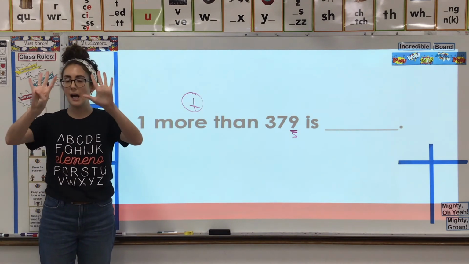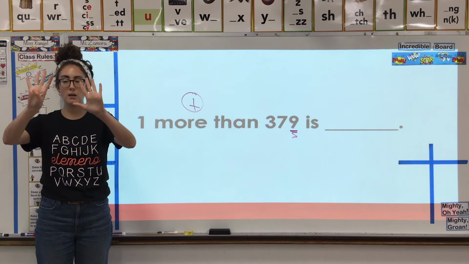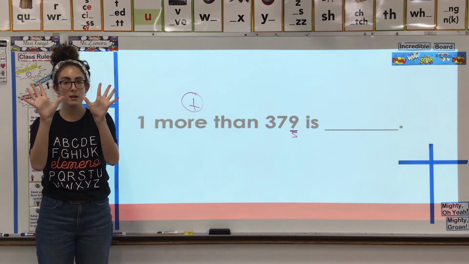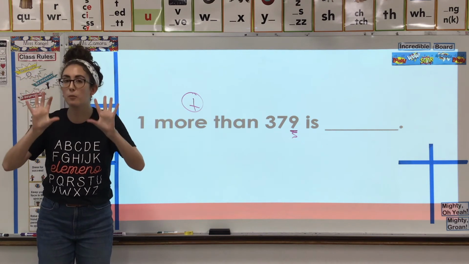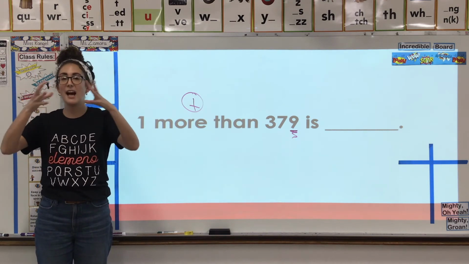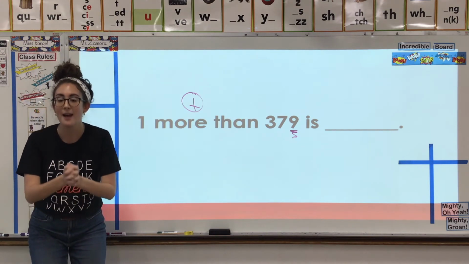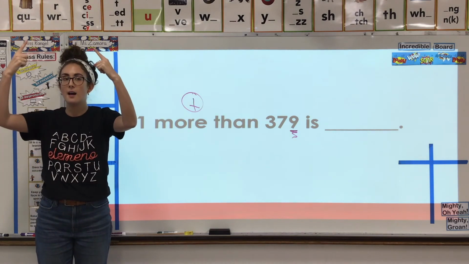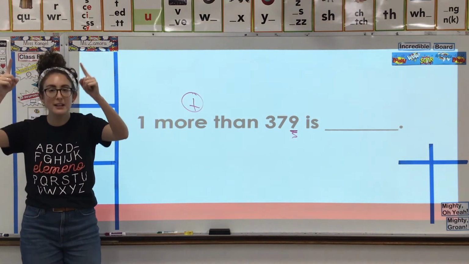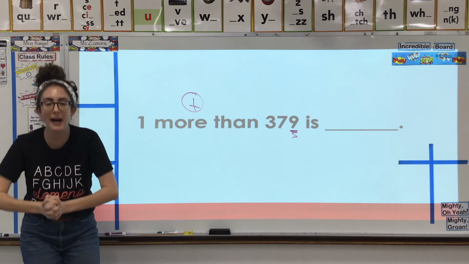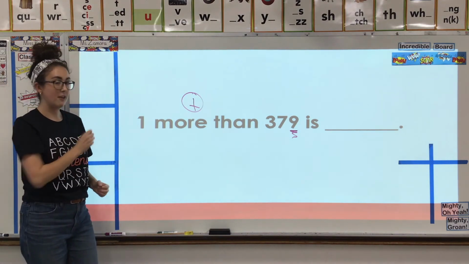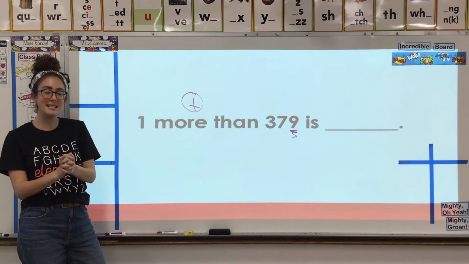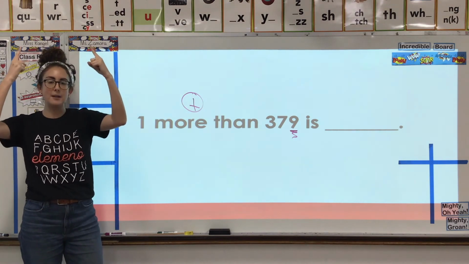If we have 9 1s and we add another, we've got how many? 10 1s, and 10 of a smaller unit makes 1 of a bigger unit. We have to bundle to get a bigger unit. So if we bundled 10 1s together, what will we get?